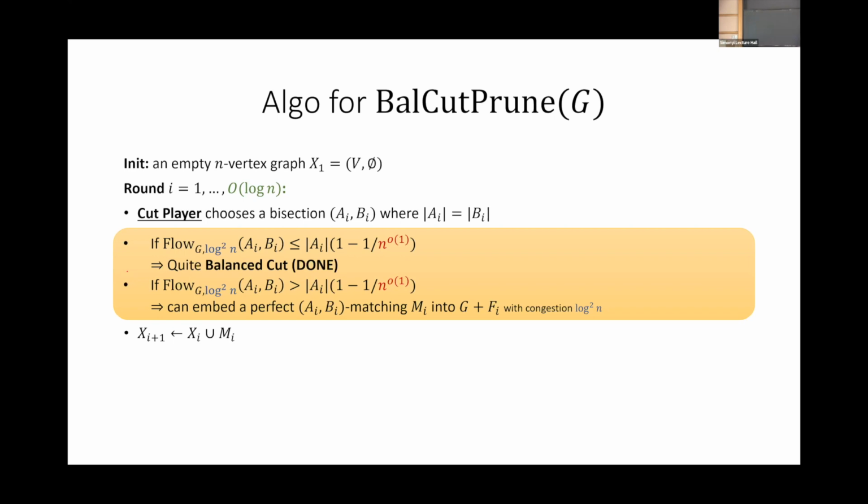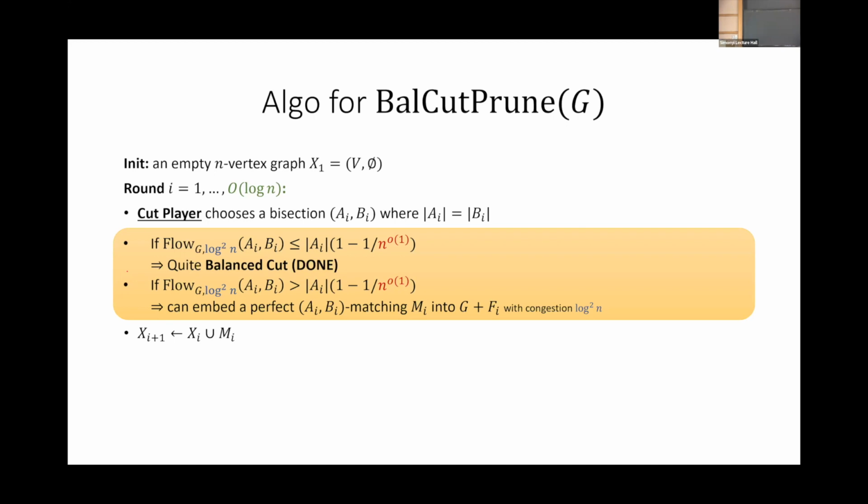Otherwise, you get a flow which is big, meaning that you can embed a perfect matching with some small fake edges F_i into the graph G. You think of this matching as the matching for the cut matching game, and it gets added into your graph X. So there are two graphs going on here: the graph for the cut matching game and the graph G that you implement, where you send flow, like max flow, in the graph G. Once the cut player chooses a cut, you try to send flow.